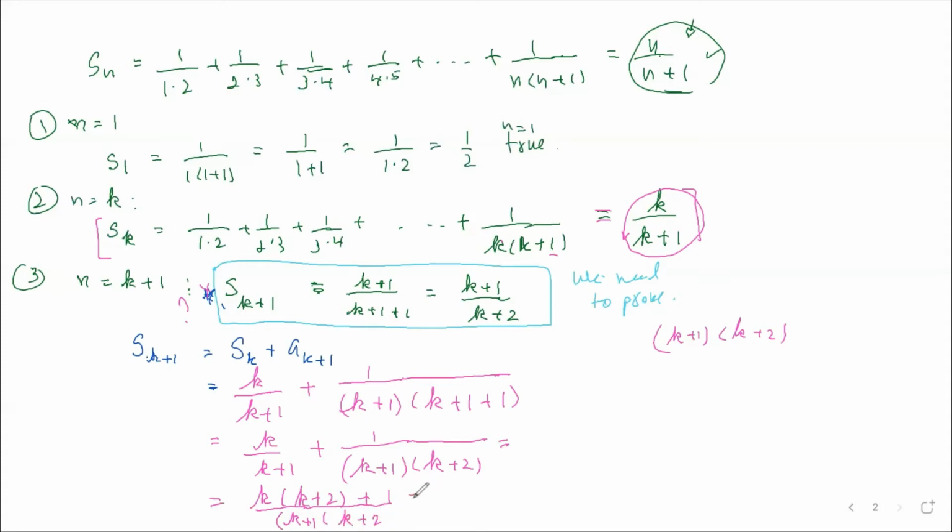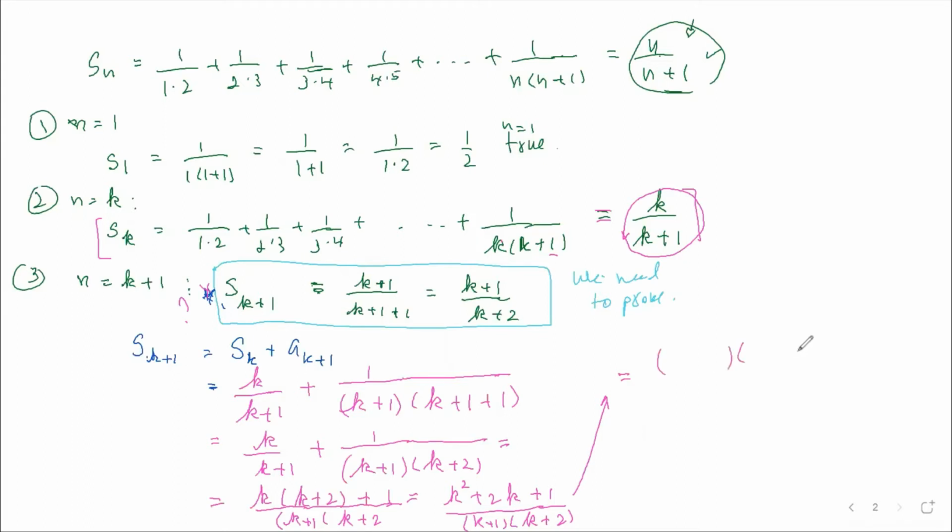Then you can simplify this by expanding it, and it becomes k squared plus 2k plus 1 over k plus 1 times k plus 2. I can write it down up here. So finally, you can factor the top, correct?